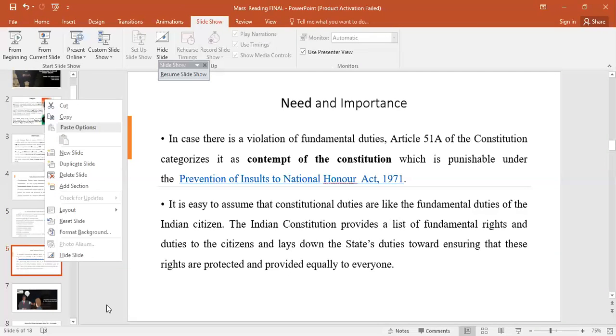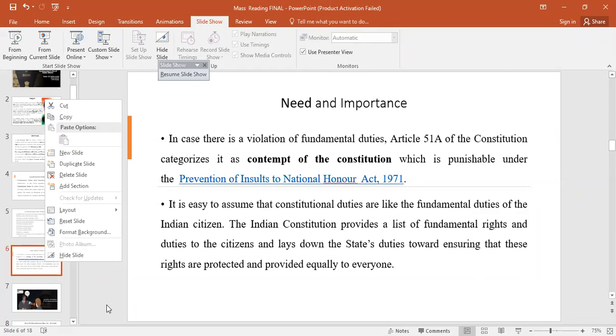Need and importance of the fundamental duties. In case there is a violation of fundamental duties, Article 51A of the Constitution categorizes it as a contempt of the Constitution, which is punishable under the Prevention of Insults to National Honor Act 1971.